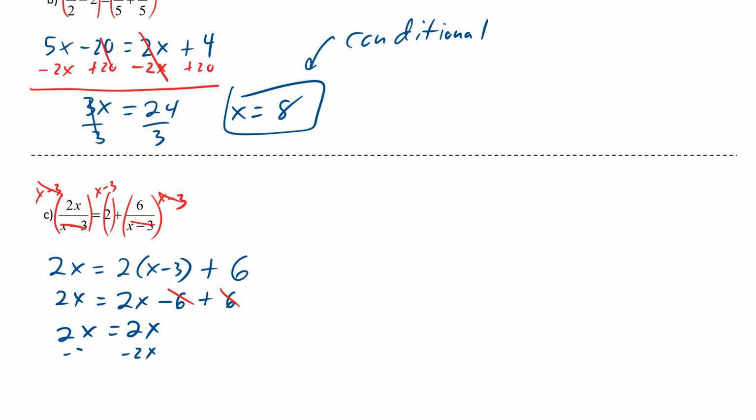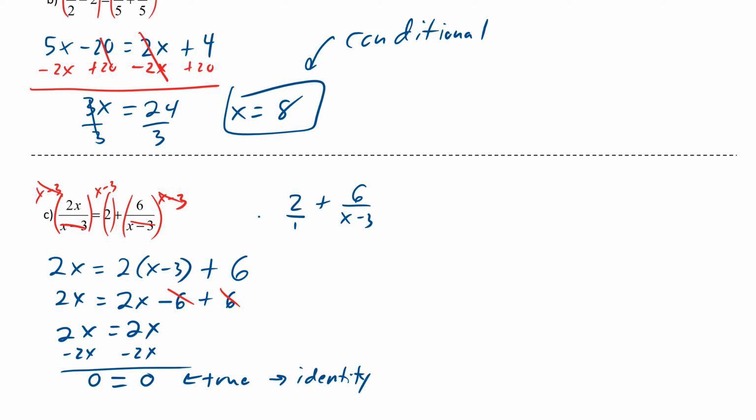If I were to keep going, which is completely fine, you would get 0 equals 0. This is completely true. And if it's true, that means it's an identity equation. It means that they're both identical to each other. These are actually the same. If I were to add these two together, you would see that they are exactly the same. Watch, let's just do that.